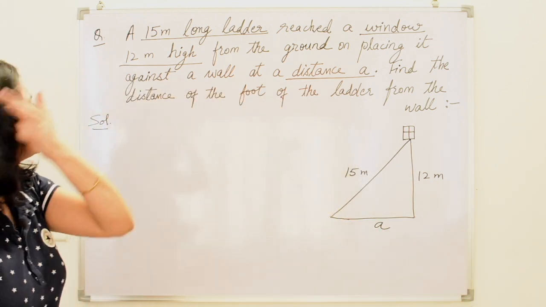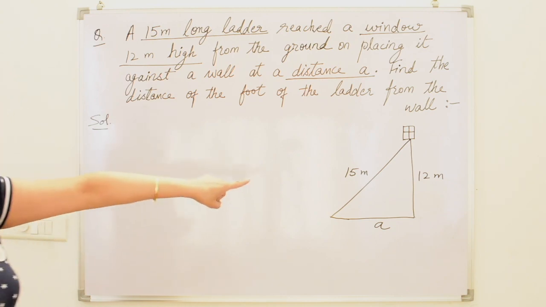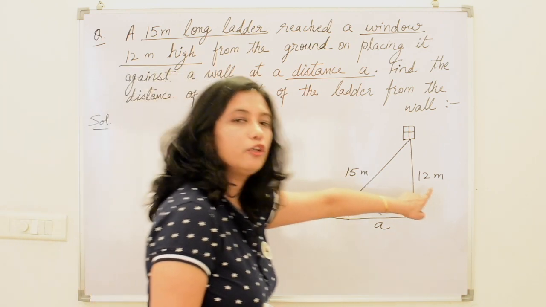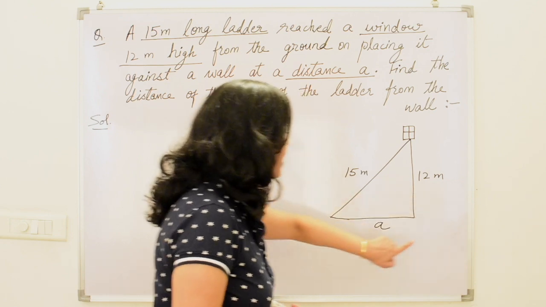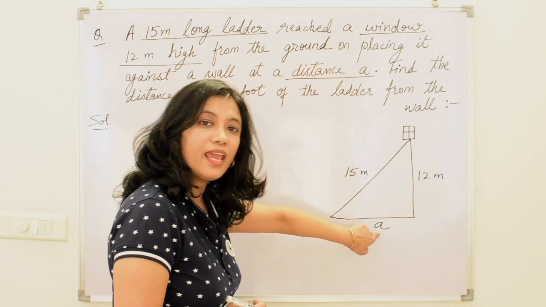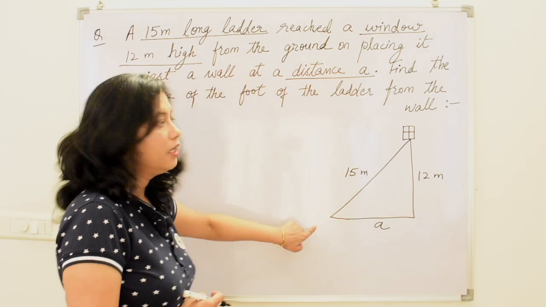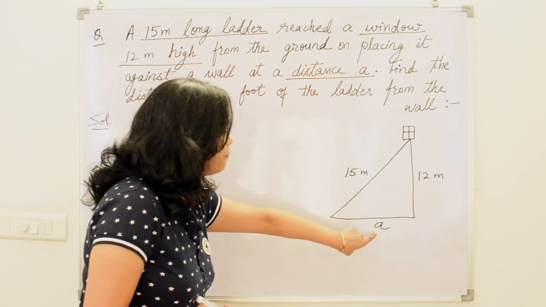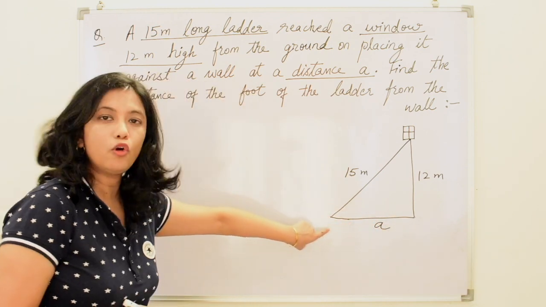So what we see is length of the ladder is 15 meters, the height of the window is 12 meters and it is placed at a distance a from the wall. Now we have to find the distance of the ladder from the wall, which is a.